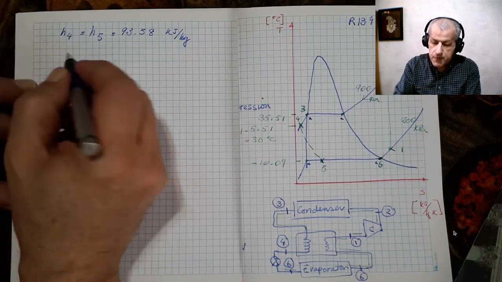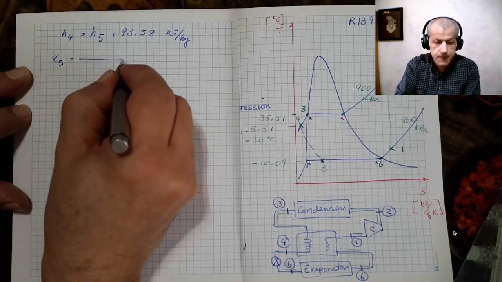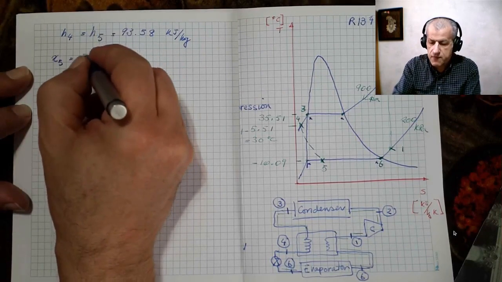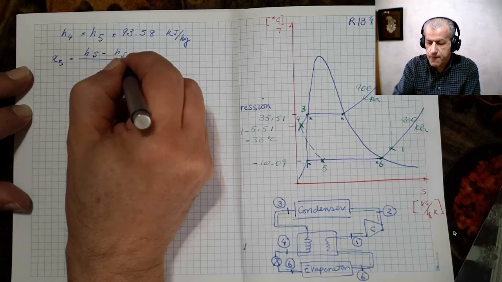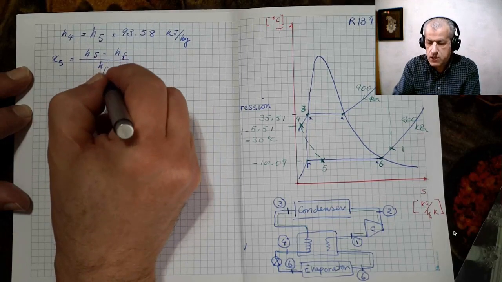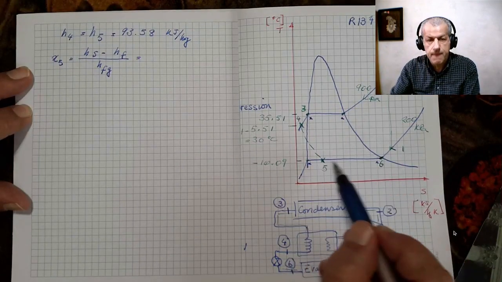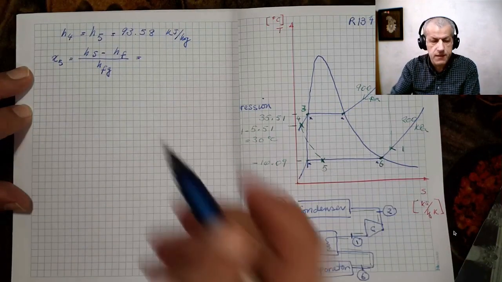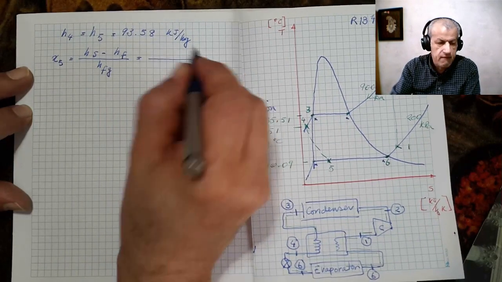X5 is H5 minus HF divided by HFG on this line. Okay, I mean on this line. And we have all the values.